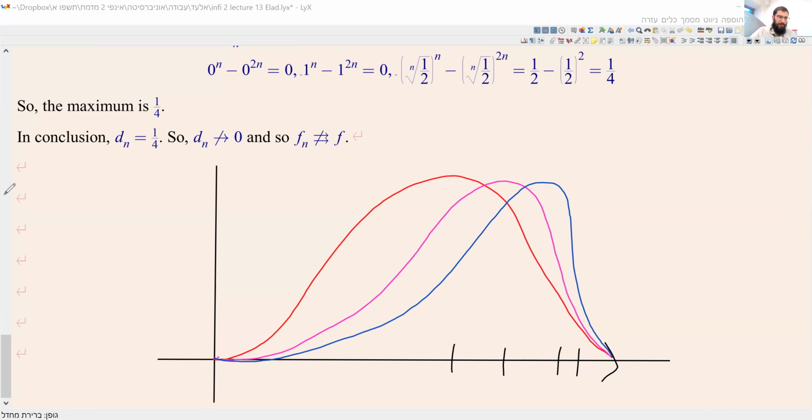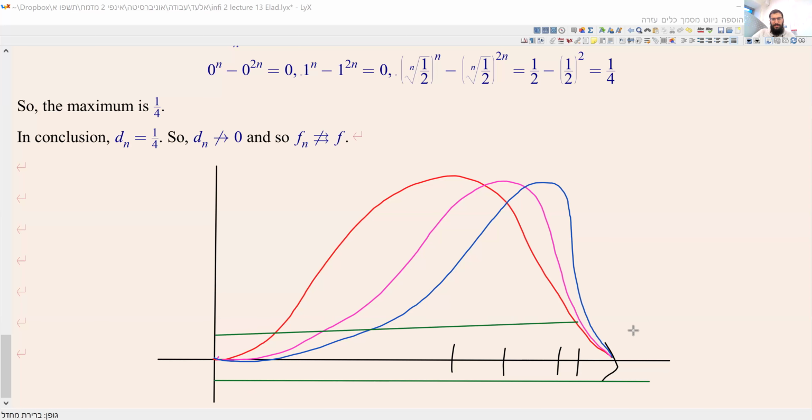And again, our limit function is 0. So just like the first geometric example, if you take the limit function and cover it with an epsilon stripe, let's say epsilon is 1 over 10, remember that this height is a quarter.